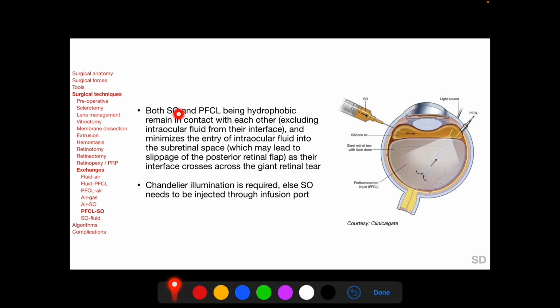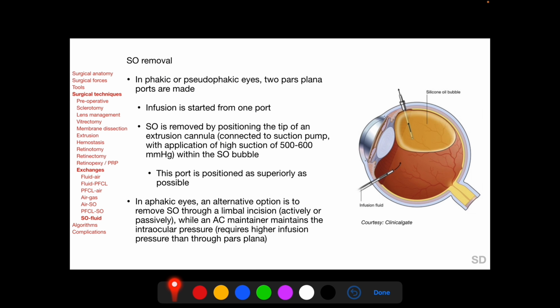Both silicone oil and PFCL being hydrophobic, they remain in contact with each other, excluding intraocular fluid from their interface, and minimizes the entry of intraocular fluid into the subretinal space as their interface crosses posteriorly across the giant retinal tear.